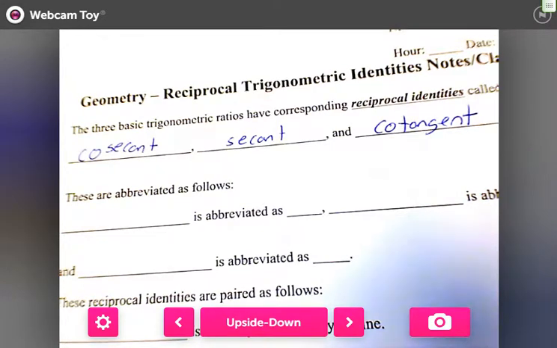Okay, these are the 3 reciprocal trig identities. So we have sine, cosine, and tangent. Now we have cosecant, secant, and cotangent.